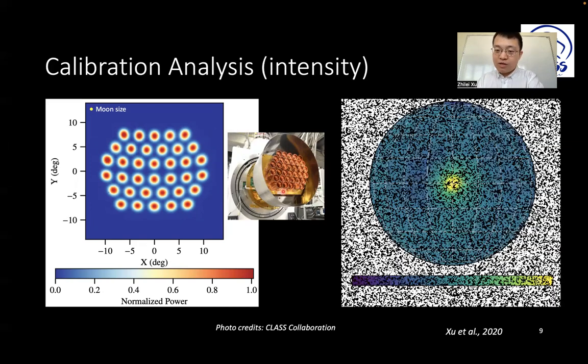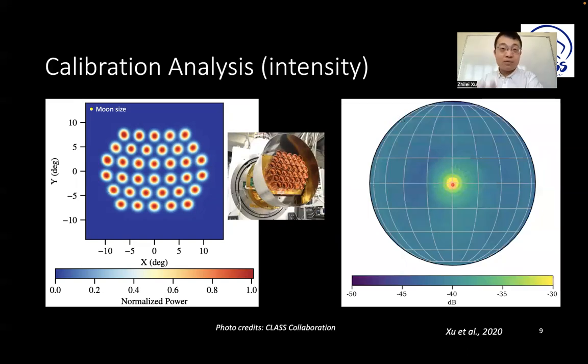Here it is. This is the first time in the CMB field, I think, that we presented this, because by using the moon, which is so bright, we get the far side lobes, the beam map all the way to 90 degrees. This is the entire hemisphere. In addition, this is to show the far side lobes. We tuned the color bar here from -30 to -50 with the peak normalized.